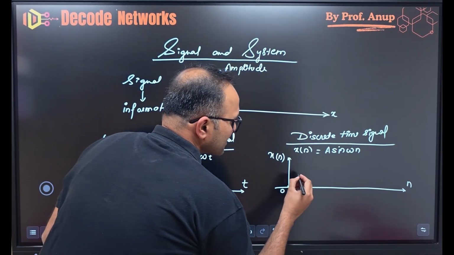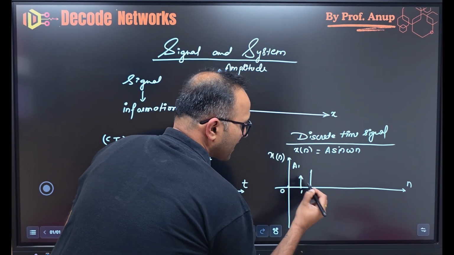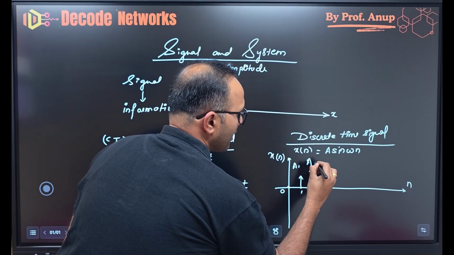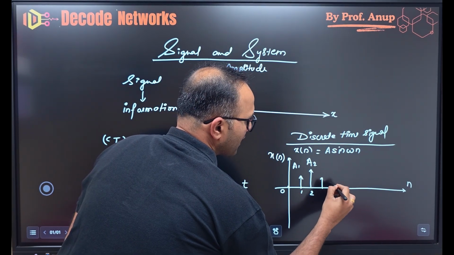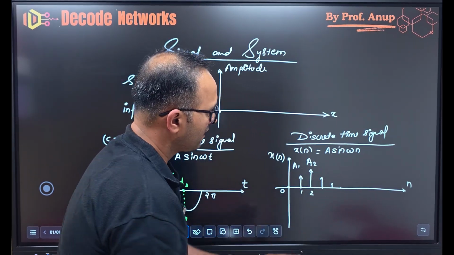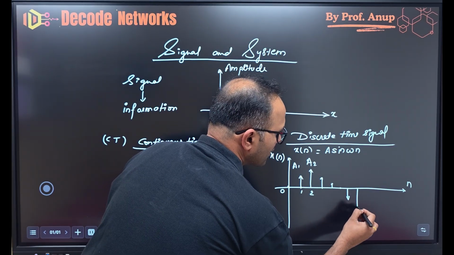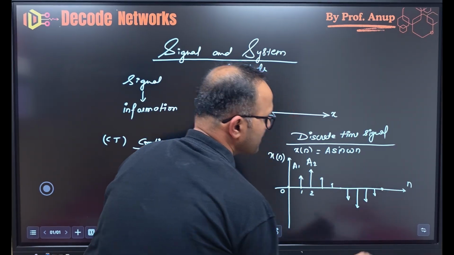Let's say this is A1. After that, at 2 seconds, I'll be recording the amplitude. Let's say A2. After that A3. Continuously I'll be recording the amplitudes, then in the negative, and it ends here.